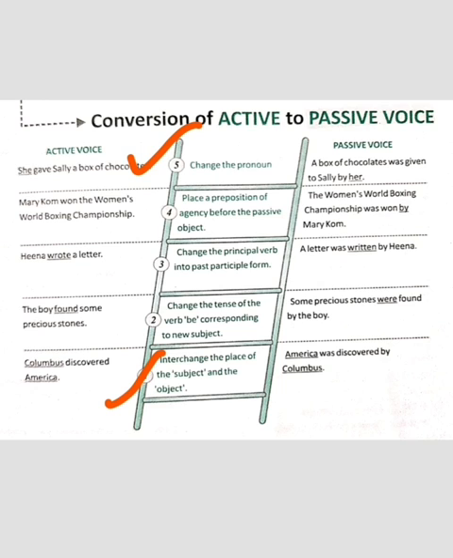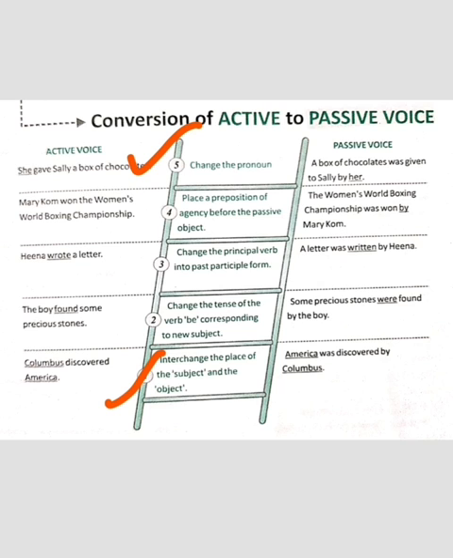Passive voice: a box of chocolates was given to Sally by her. So first step is interchange the place of subject and object. That means the subject becomes the object and the object becomes the subject.